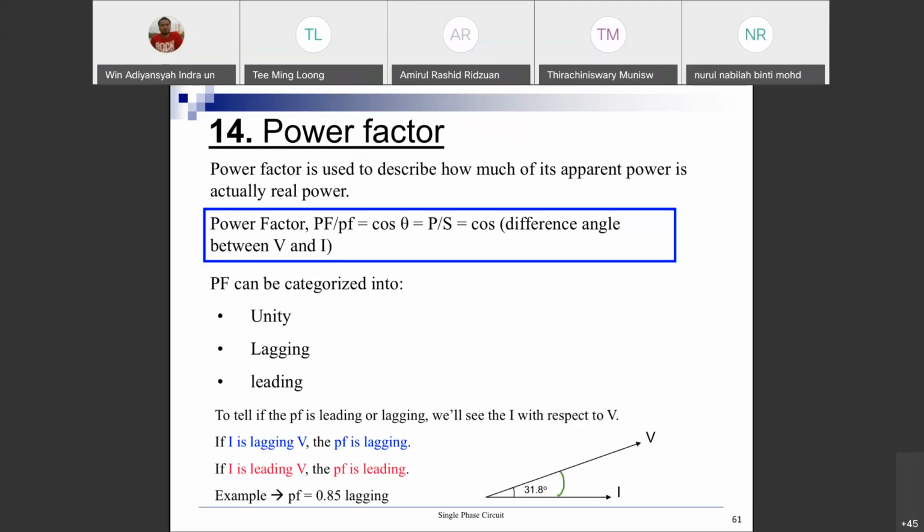So basically, power factor is equal to cos of the angle, the difference in angle between voltage and current.